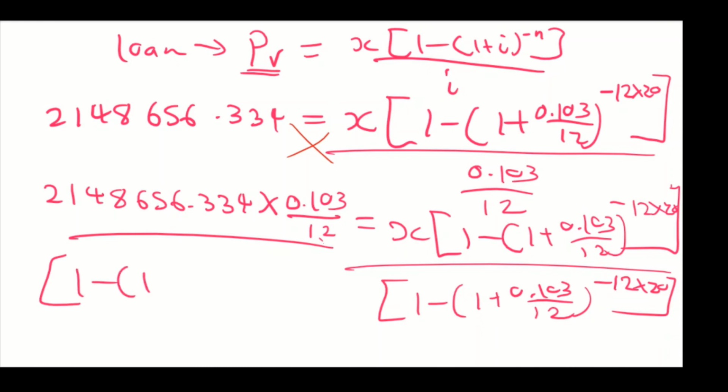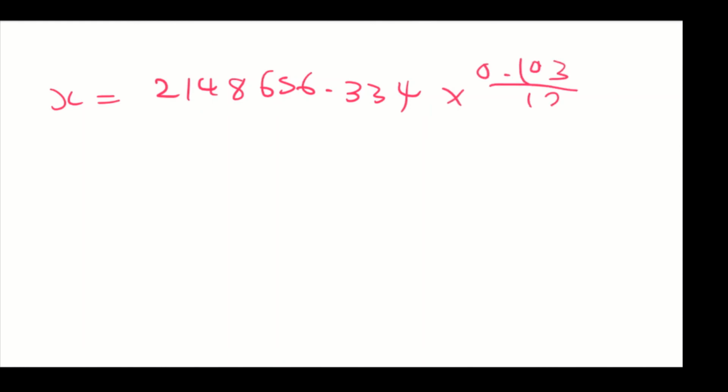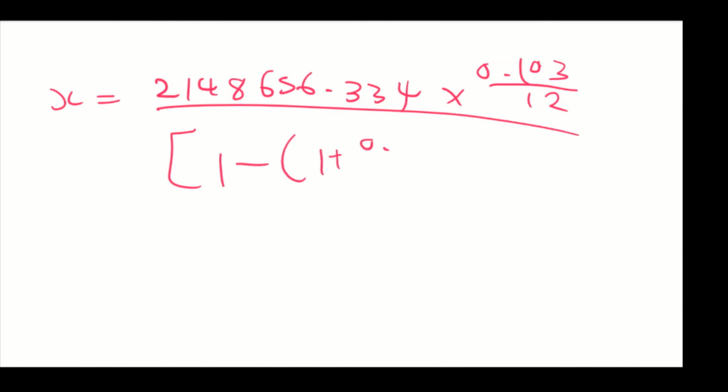So our x is going to be equal to 2,148,656.334 multiplied by 0.103 over 12, divided by 1 minus 1 plus 0.103 over 12 to the power of minus 12 times 20.